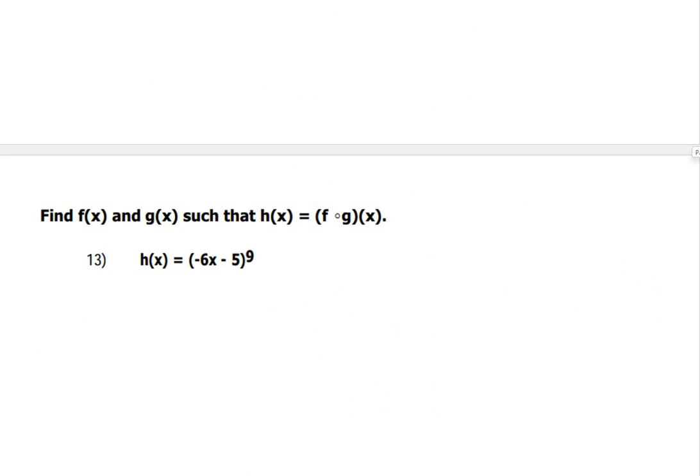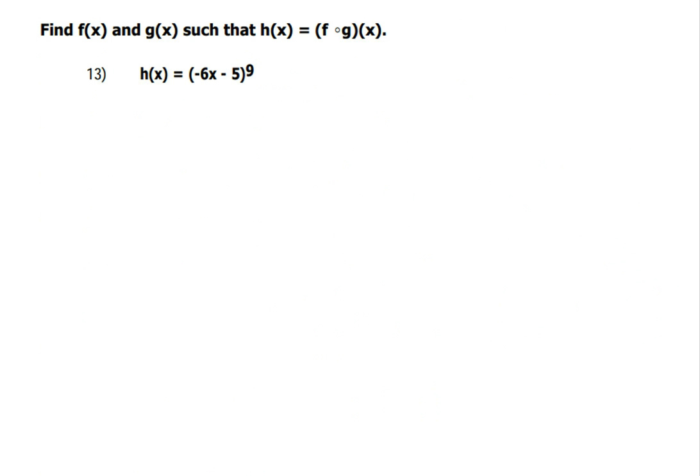Okay, and then number 13 wants you to find f of x and g of x such that h of x, which is given to you, is f of g of x. So you're looking for f of g of x.